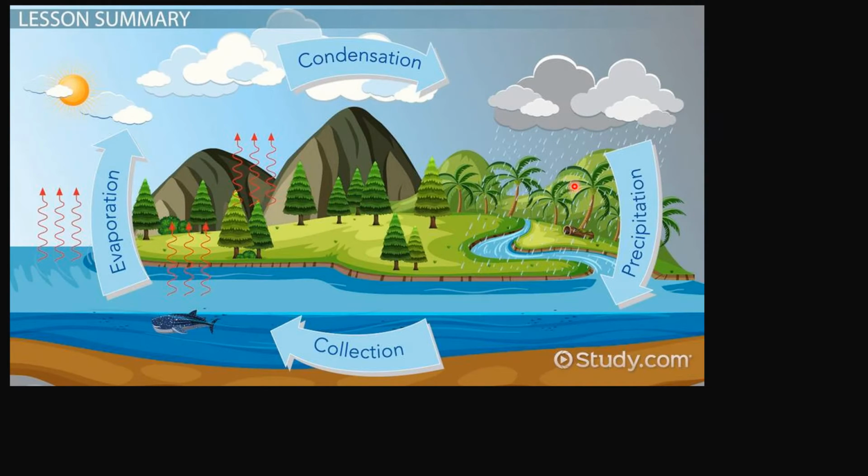So let's suppose it rains over here on this side on the right. Eventually a lot of the water is just going to seep right into the ground and go into the groundwater. Some other water is going to go directly into the ocean. Other water is going to go into lakes and streams that eventually get to the ocean.